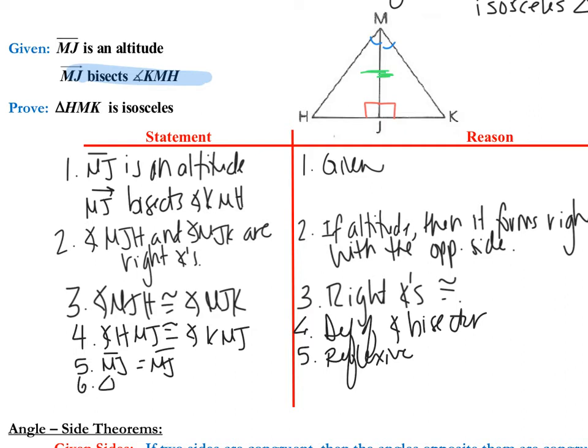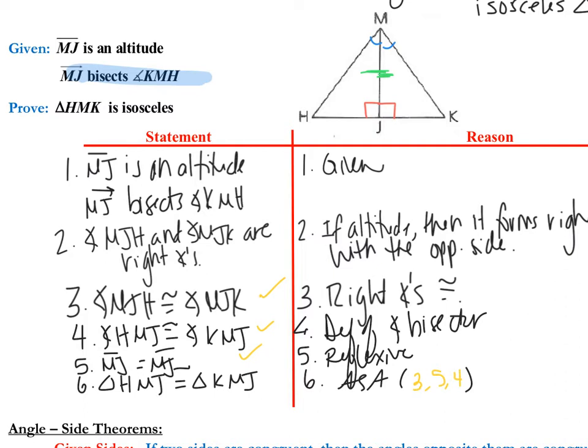So triangle HMJ is congruent to triangle KMJ. And the reason being would be ASA. And the steps to get there was 1, so 3, 5, 4.